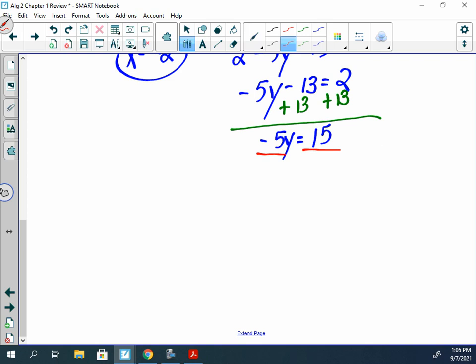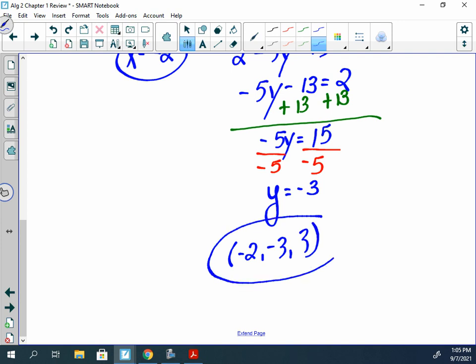Last but not least, we would divide both sides by negative 5, and we get y is equal to negative 3. So the answer was negative 2, negative 3, and 3. And that's it.